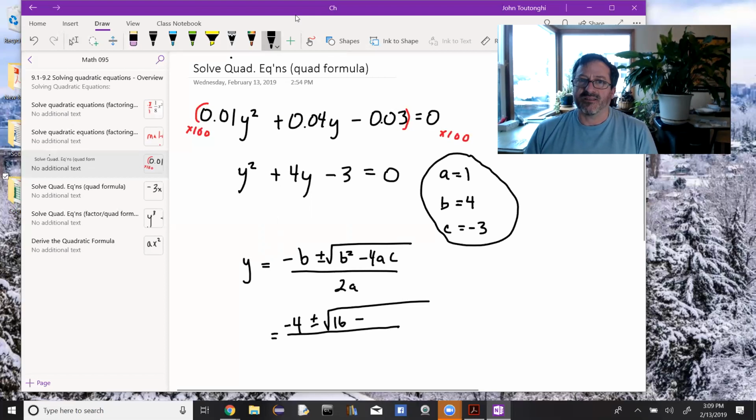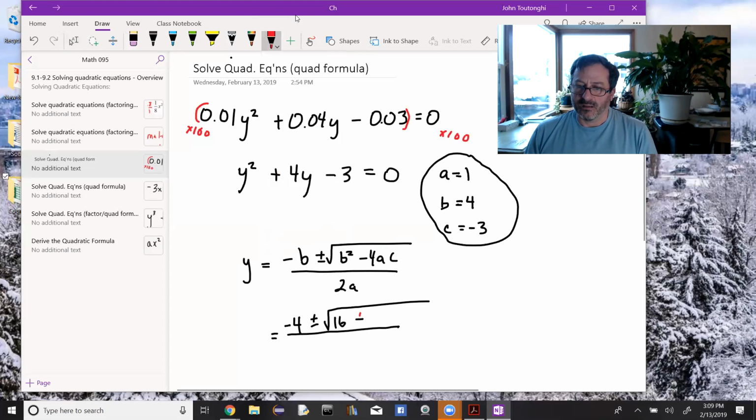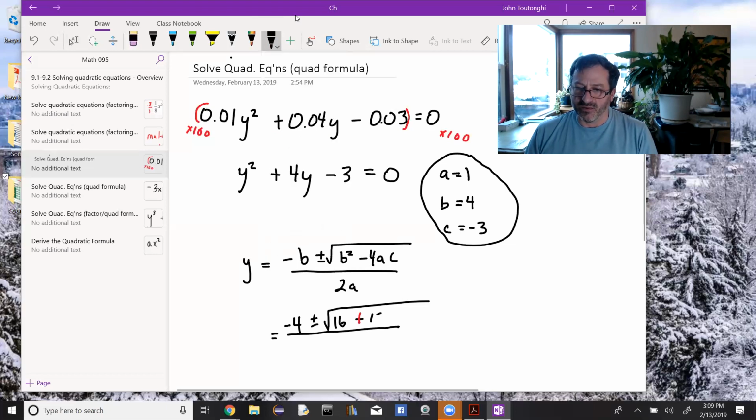So I'm minusing negative 12, so that's going to become a plus 12. Notice, I could write minus 4 times 3 times 1, but it's just so much easier to write plus 12 here. And I have the formula above, so I can see where it's coming from. And then downstairs, I'm not going to write 2 times 1. I'm just going to multiply 2 times 1, which is 2.